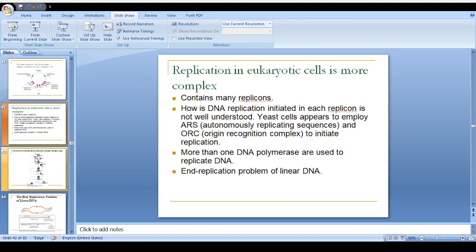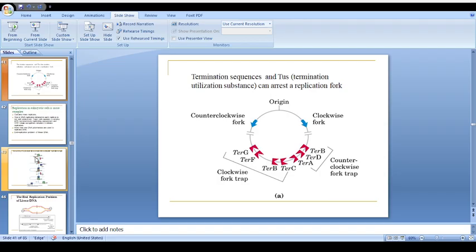Whereas in the case of linear DNA, they are totally different. The terminal point consists of a separate sequence called the terminal site, where the DNA polymerase recognizes it and comes to a halt.